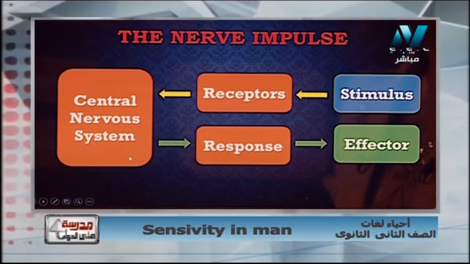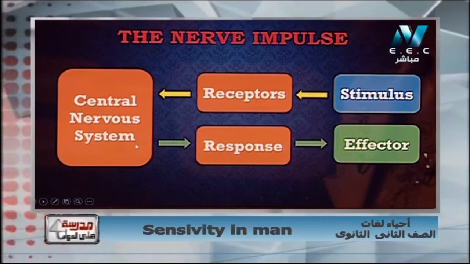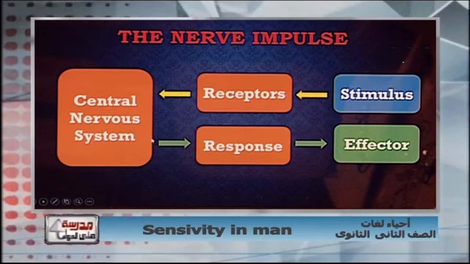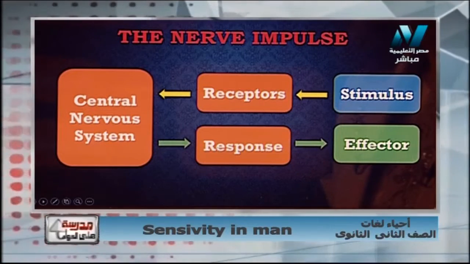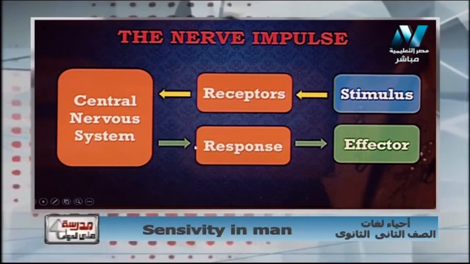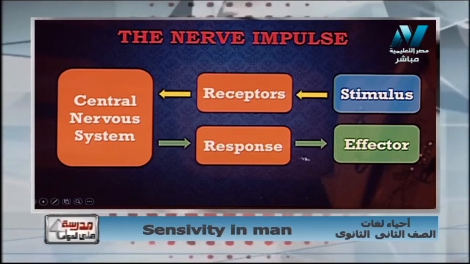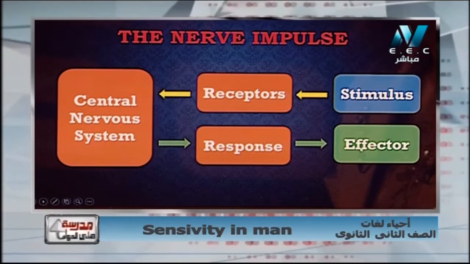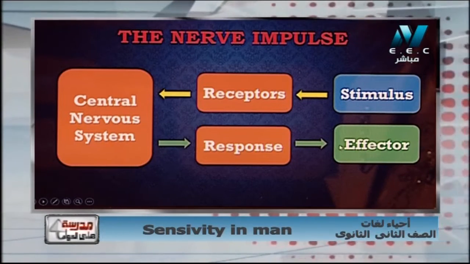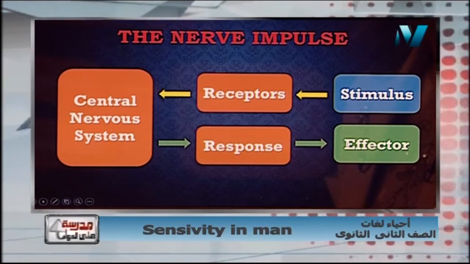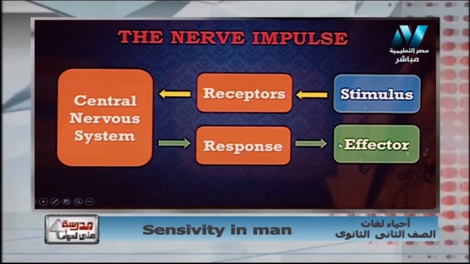And in turn, the central nervous system sends the response as motor impulses through the motor nerves until they reach the effector organ or the target organ, that may be gland or muscle or both.